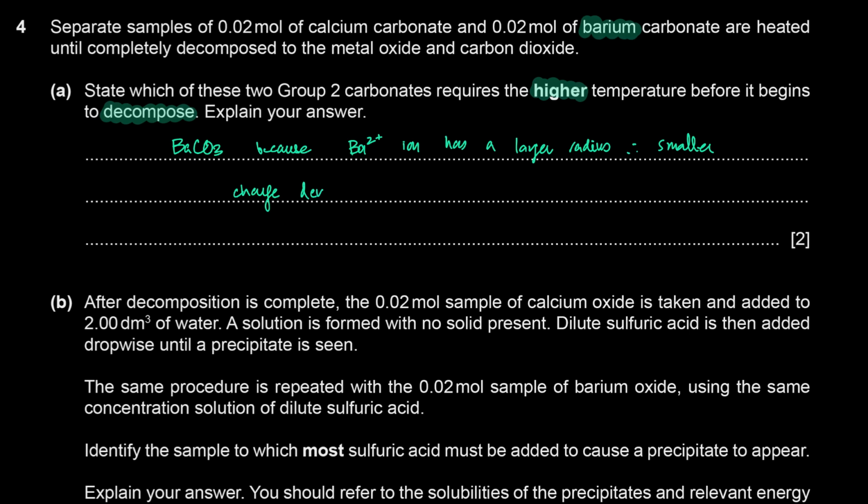It has a lesser charge density, and hence it has a lower polarizing power, so it results in lesser polarization. It polarizes or distorts the carbonate ion to a lesser extent.